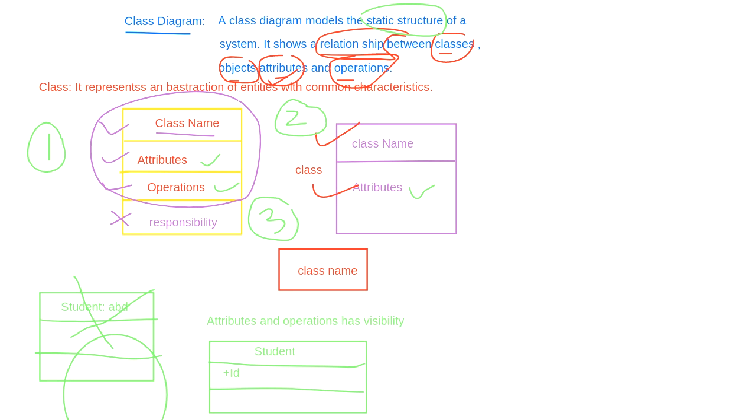For example, I have a class with the name of the class, attributes, and operations. This is the student class.